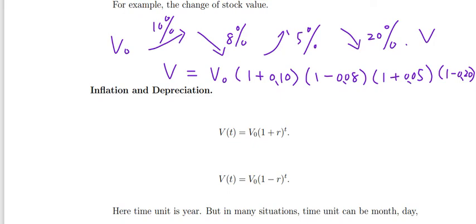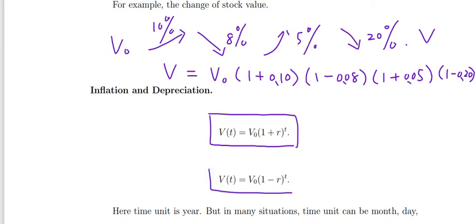So we have this formula: Vt, the value after t years, equals V0, the initial value, multiplied by 1 plus r, 1 plus r, 1 plus r. This happened t times, so it is raised to the t's power. For depreciation, it goes down, so 1 minus r.